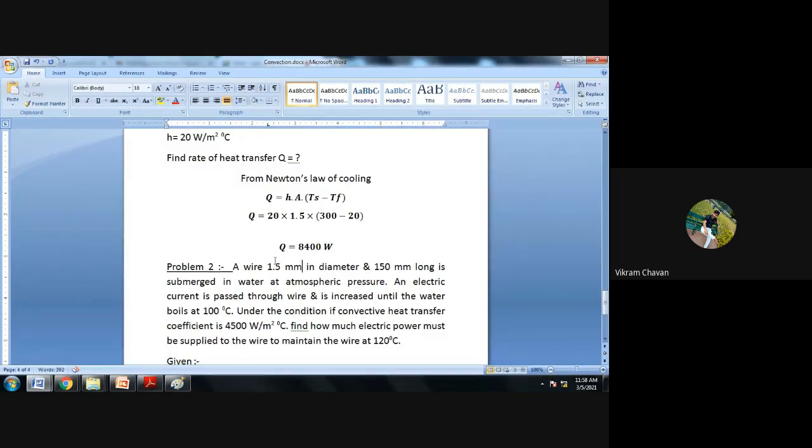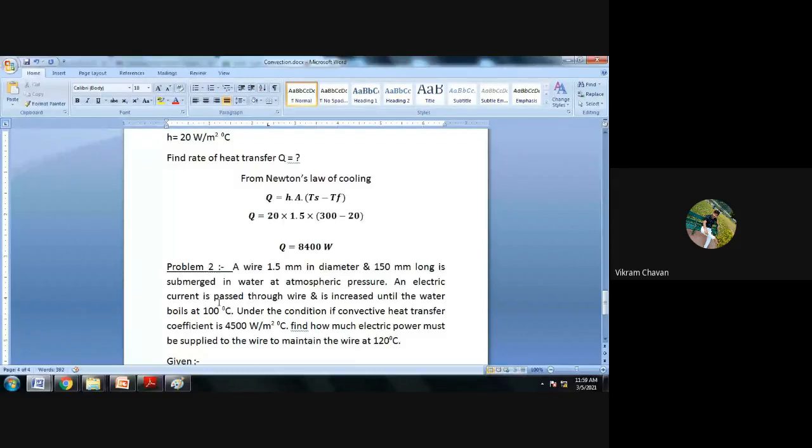The wire diameter and length are provided, so on that basis we can easily determine the surface area available for heat transfer from wire to water. Now water is boiling, because the heat is transferring from wire to water.